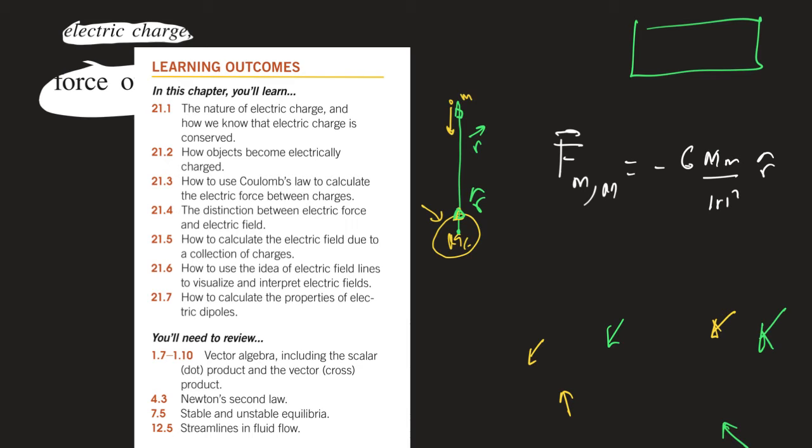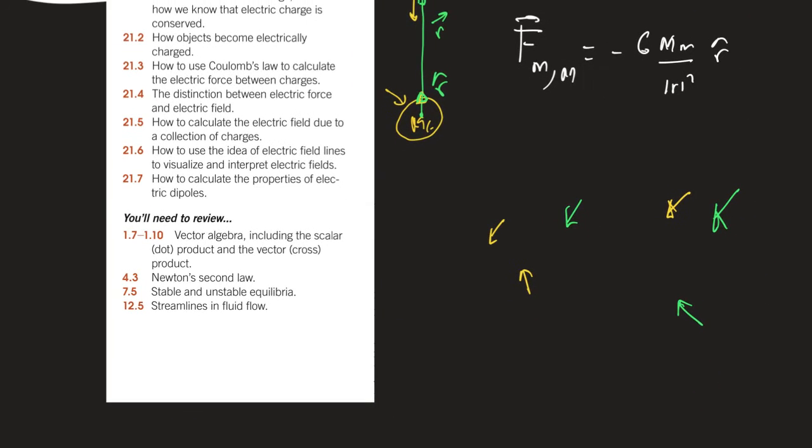So now let's do the same idea. Oh, sorry, let me do something even better. You see that the force acting on m is equal to minus G M divided by the magnitude of R squared, by little r, by m.